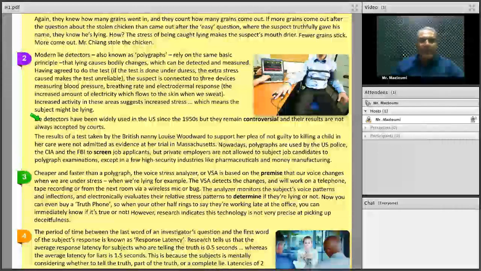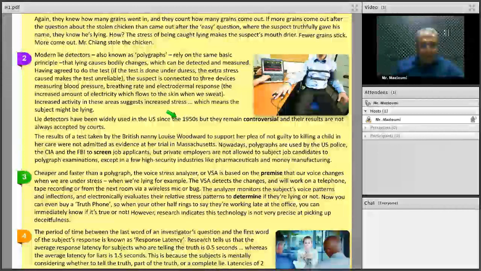The 1950s, everyone, means the decade, 10 years, the period of time from 1950 up to 1959. So the Americans have been using lie detectors, polygraphs, since the 50s.